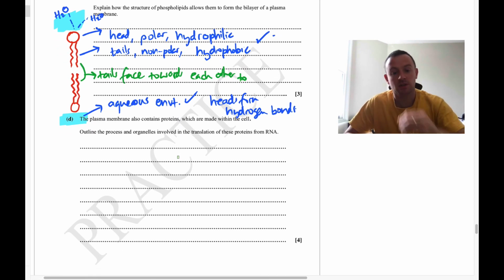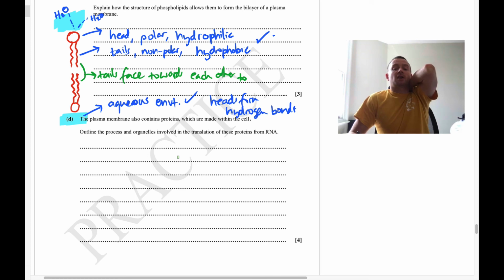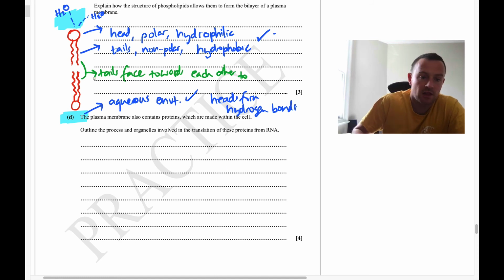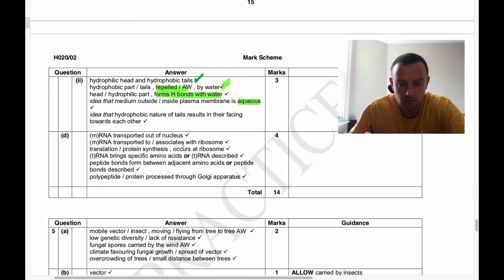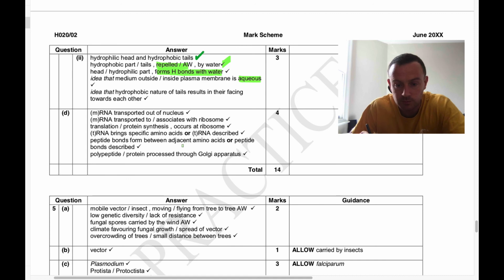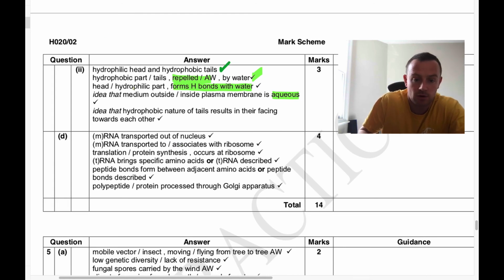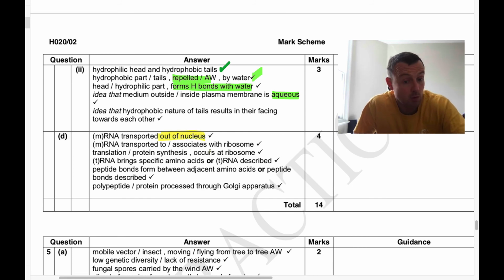Next, the plasma membrane also contains proteins which are made within the cell. Outline the processes and organelles involved in the translation of these proteins from RNA. I think let's just go straight to the mark scheme because it's got it in the right order. Can't really make it any better. So first of all, we have to say that mRNA is transported out of the nucleus. You could have said via a nuclear pore, would have been a good thing. Then it goes to the ribosome.